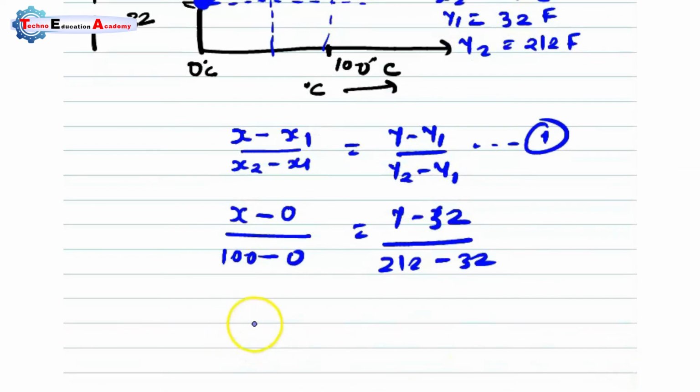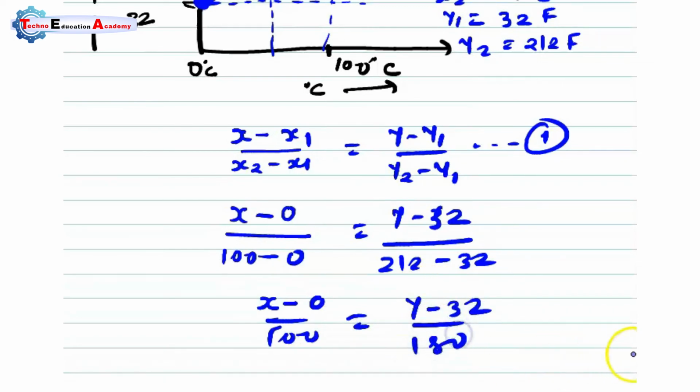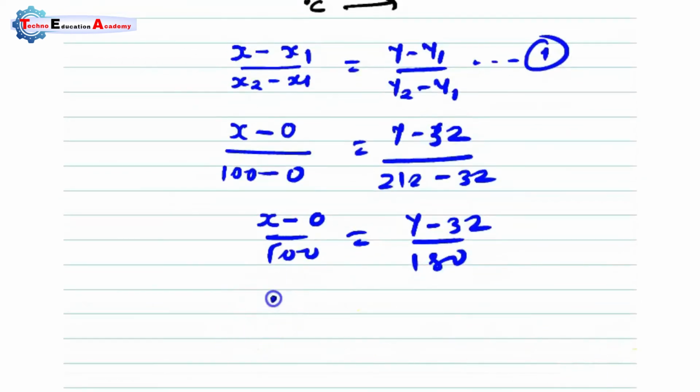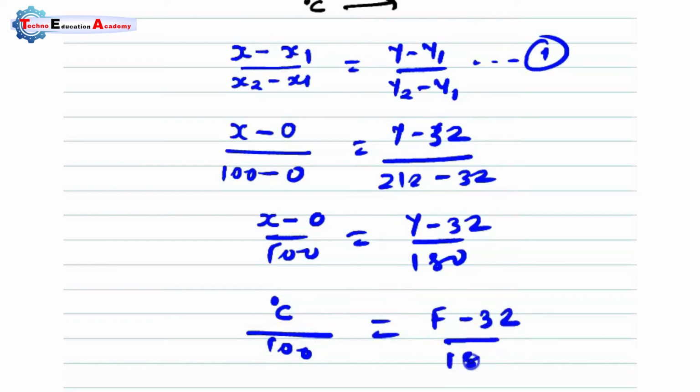We can write the equation as x divided by 100 is equal to (y minus 32) divided by 180. Here x is the degree centigrade and y is the Fahrenheit, F. So C divided by 100 is equal to (F minus 32) divided by 180.